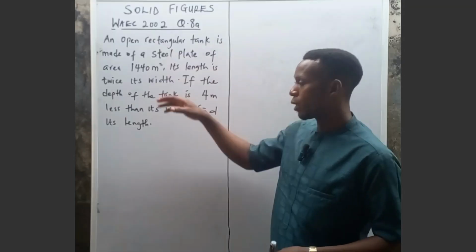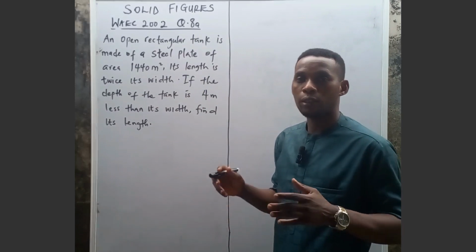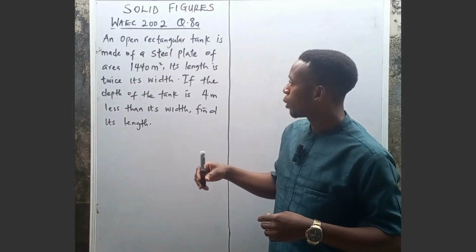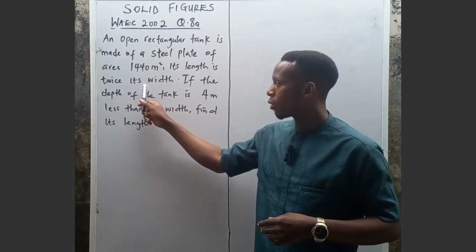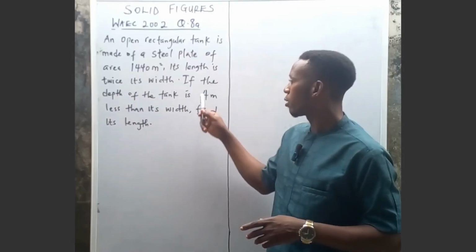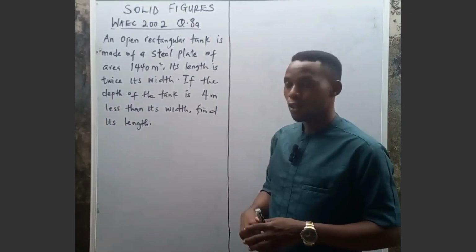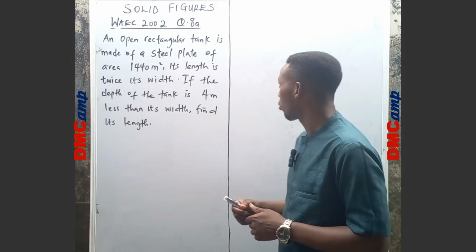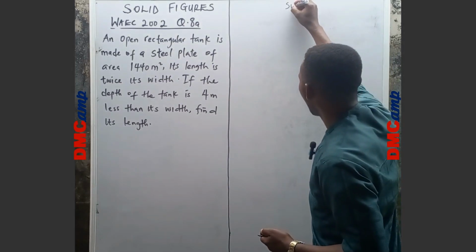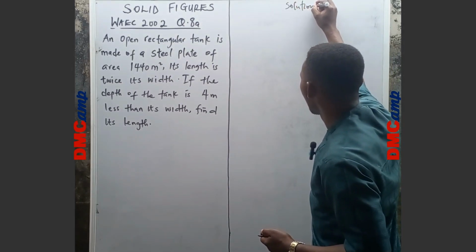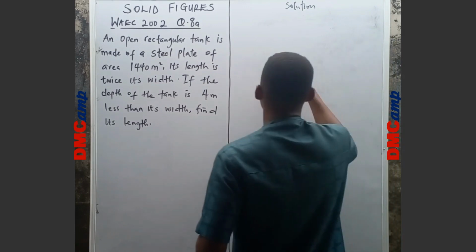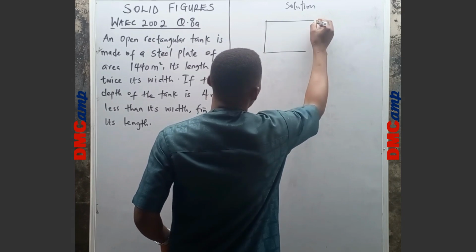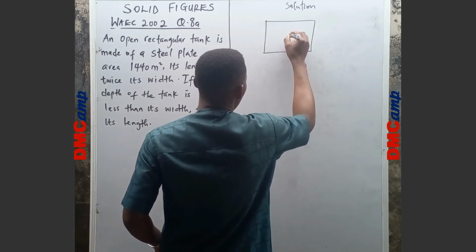So the question is talking about an open rectangular tank whose length is twice that of its width, and its depth is 4 meters less than the width. So let's try to make a drawing of it.